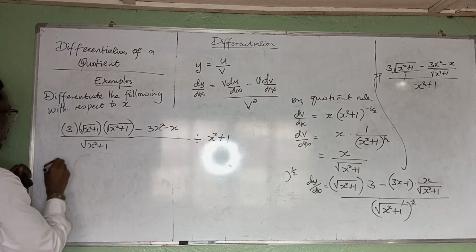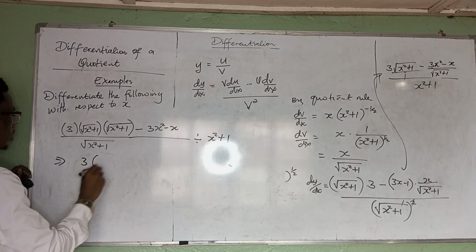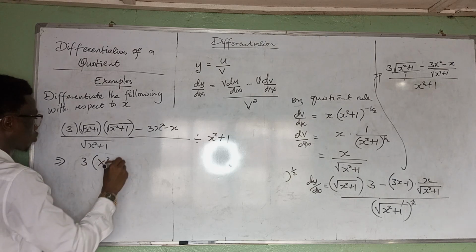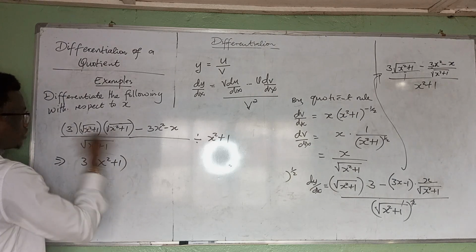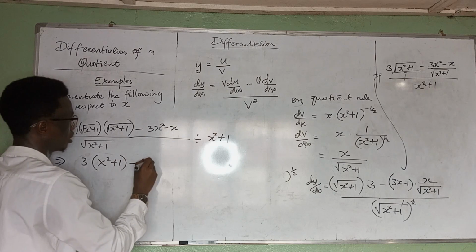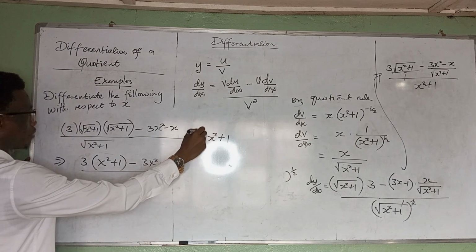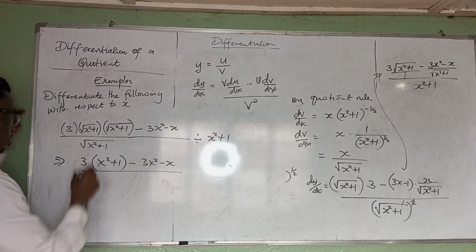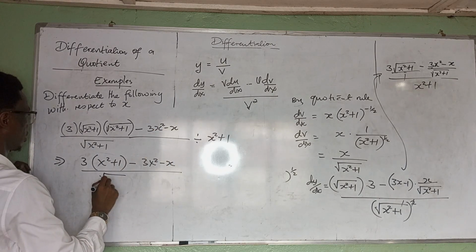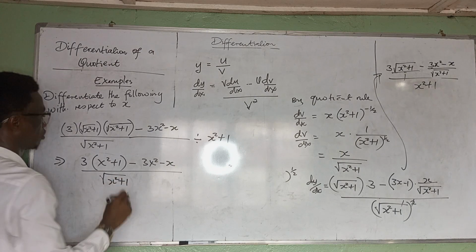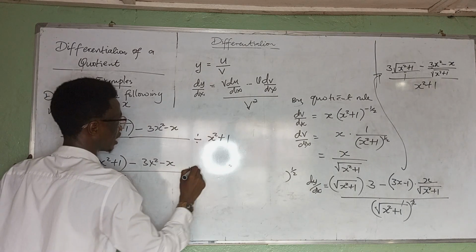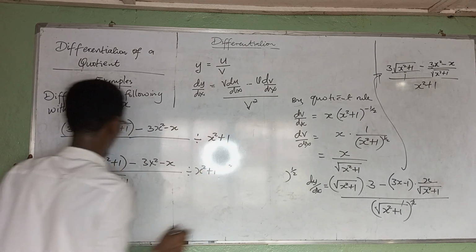So this now becomes 3 into x squared plus 1. Okay, the whole of this minus 3x squared minus x, everything here by what? So you have root x squared plus 1 divided by x squared plus 1.